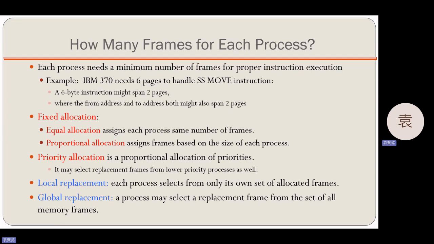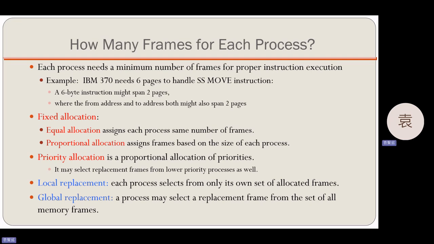For example, in IBM 370, they may require up to 6 pages for a single SS move instruction, because this instruction may require 6 bytes, and these 6 bytes may span 2 pages.